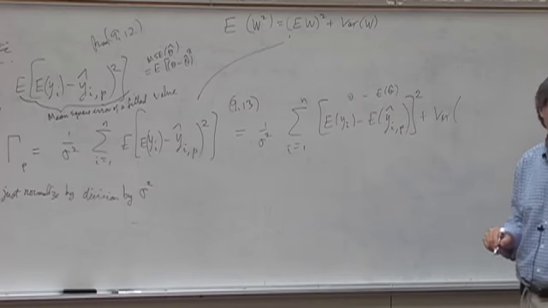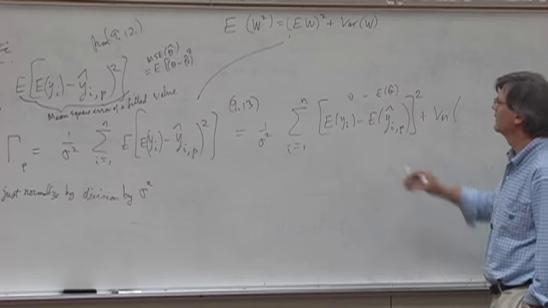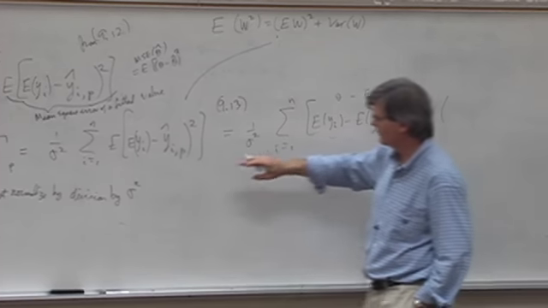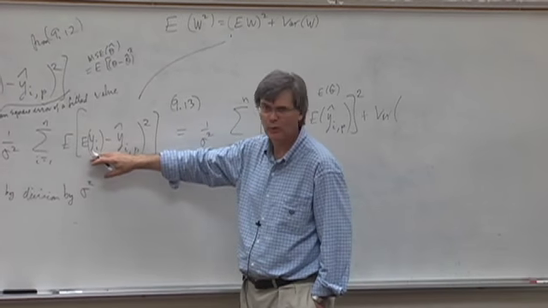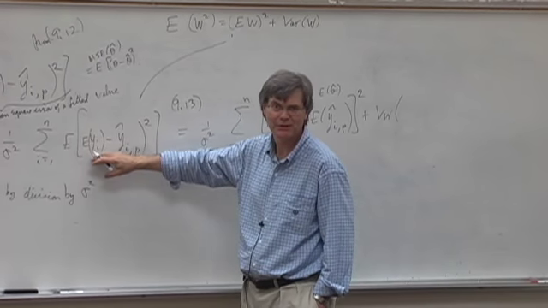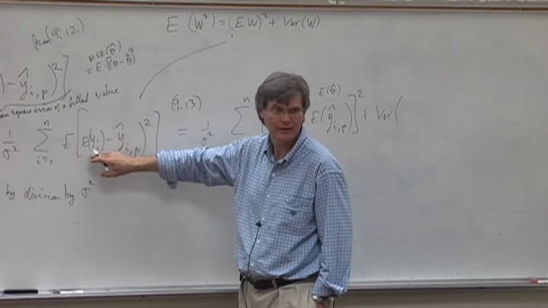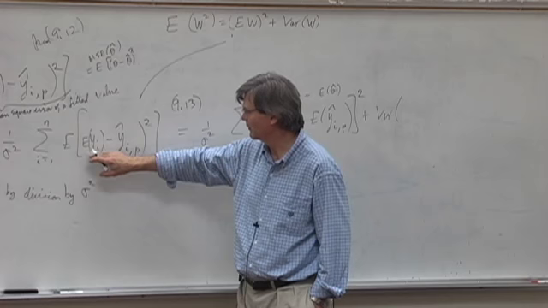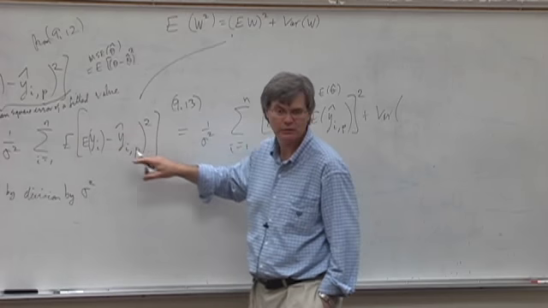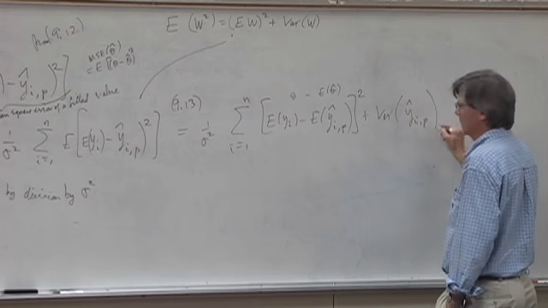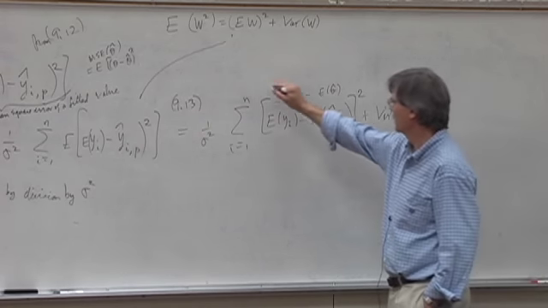It's a bias, and you square that. Plus, what's the variance of this? This was a difference of two variables before, and I didn't want that. That's why I caught myself. What's the variance of this? Well, theta is a constant, so that doesn't come into the variability. Only this term does. So this is plus the variance of Yi p hat. Okay? So that's what it is.